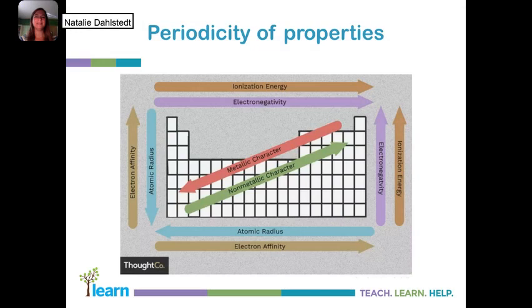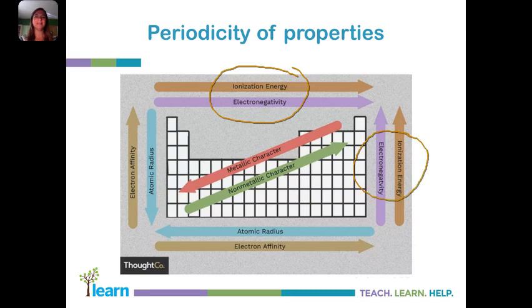In a nutshell, we just saw a few of these properties, such as ionization energy and electronegativity, and we can see how they increase or decrease in the periods and groups. Same for the atomic radius, and we can think of electron affinity that would increase going upwards in a group and left to right in a period.